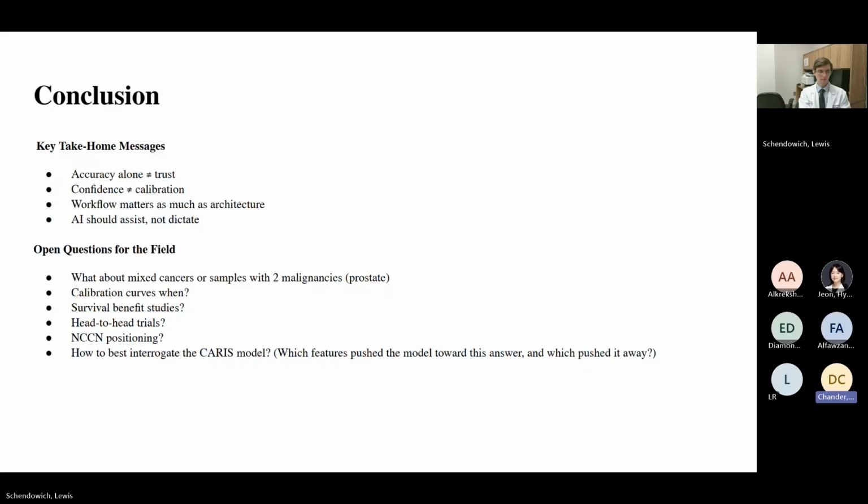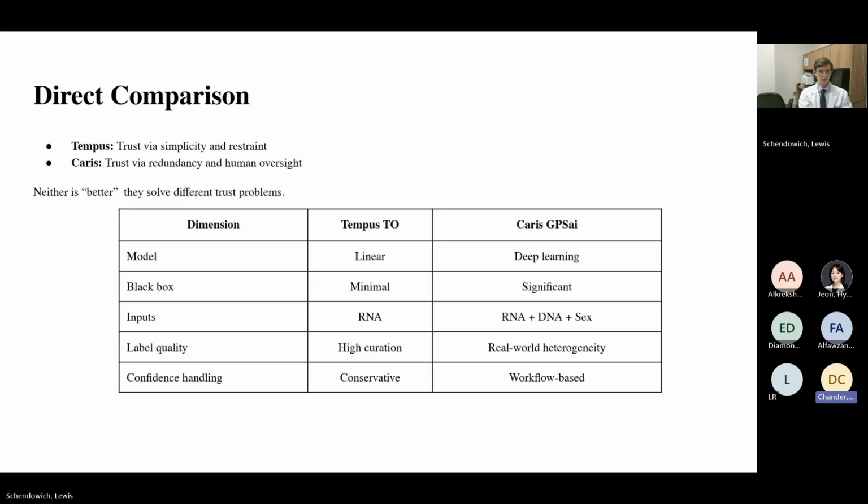Working through these cases is very, very tricky. If you have a Guardant test that tells you with 98% confidence this is a pancreatic primary, and what tissue did you send to CARIS? A lung biopsy? I wonder, what if that comes back with 90% confidence as a lung primary?